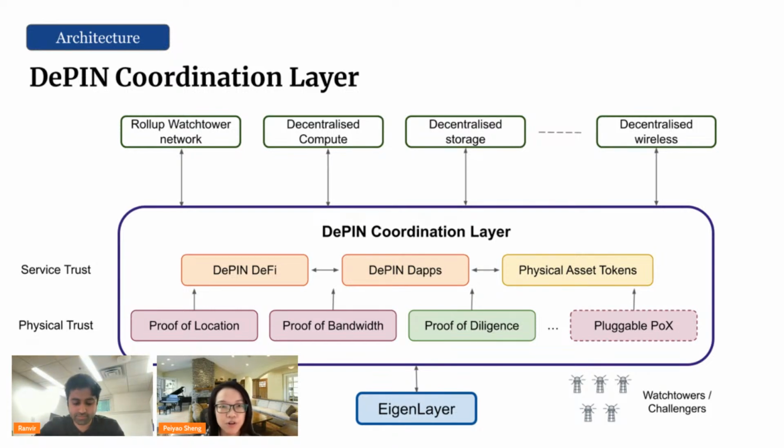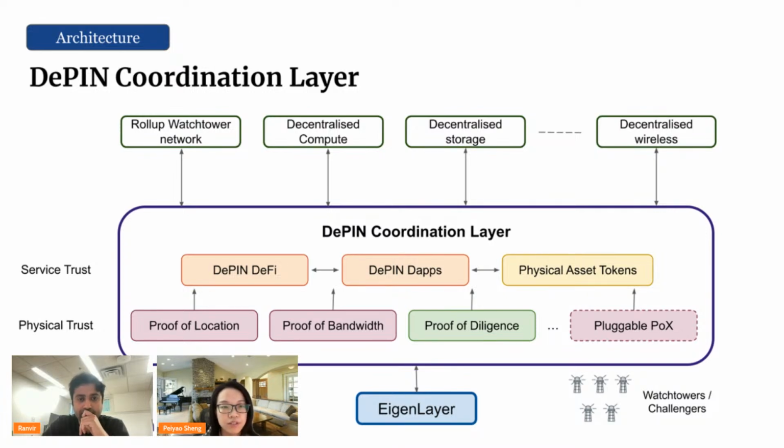Developers and investors can build DePIN dApps and participate in financial protocols around the physical assets. And stakers and operators can take the responsibility for providing economic security and monitoring activities in this layer.